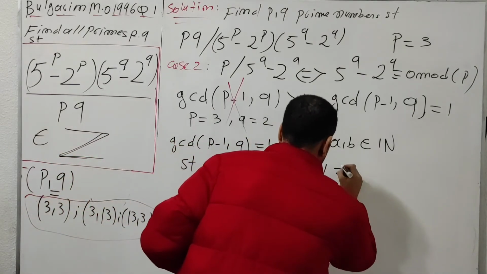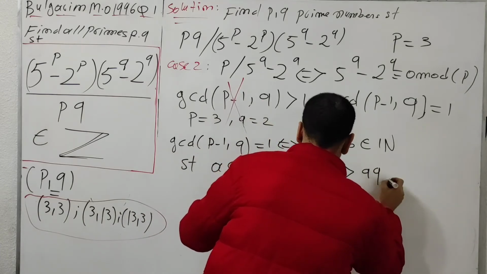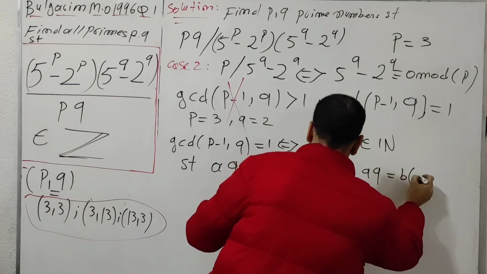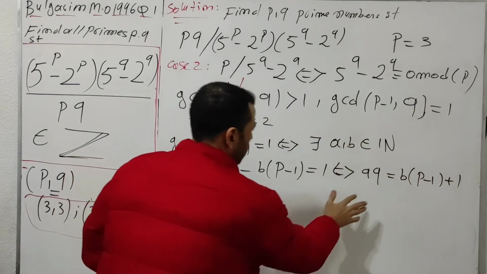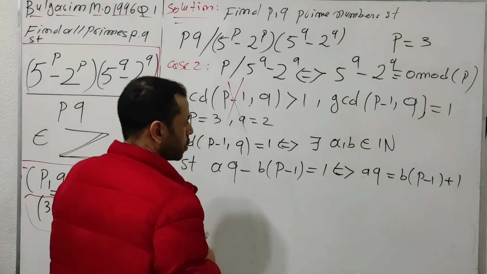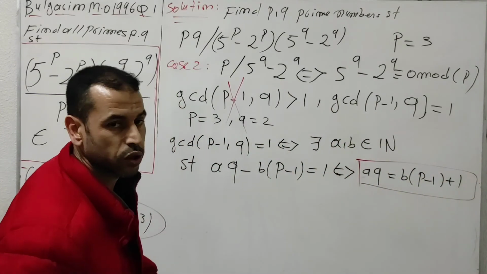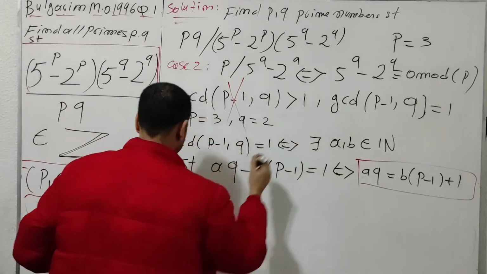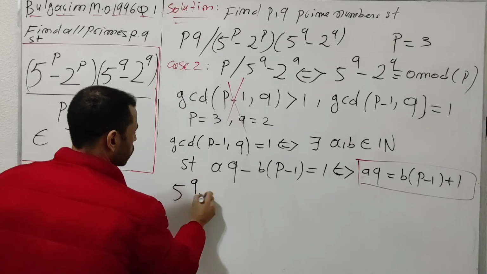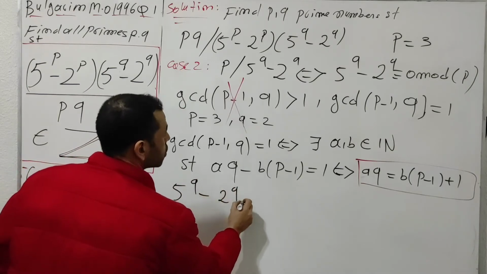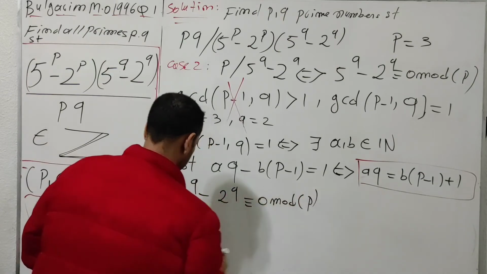So this is equivalent to aq equal to b multiplied by (p minus 1) plus 1, by taking these two terms to the other side of this equation. So I will have this nice equation from Bezout's theorem. We have 5 to the q minus 2 to the q congruent to 0 mod p.